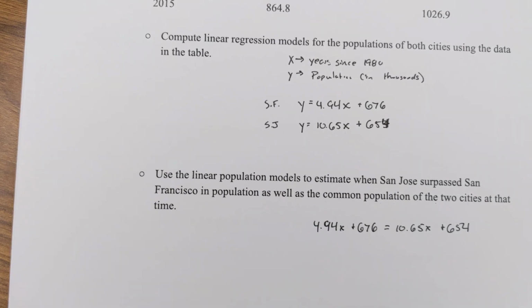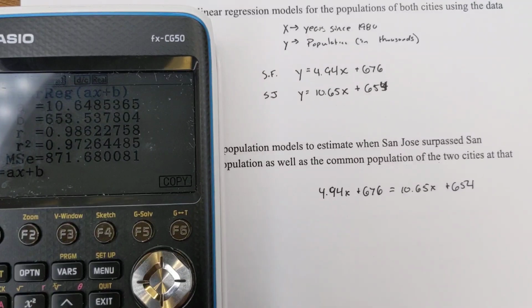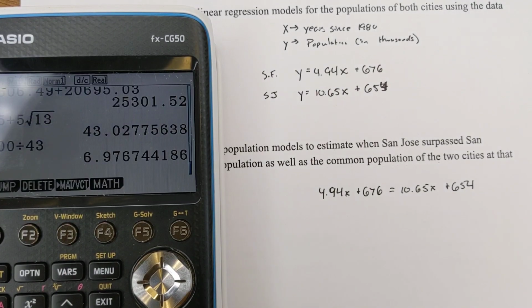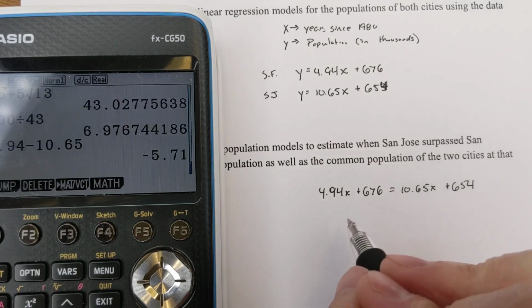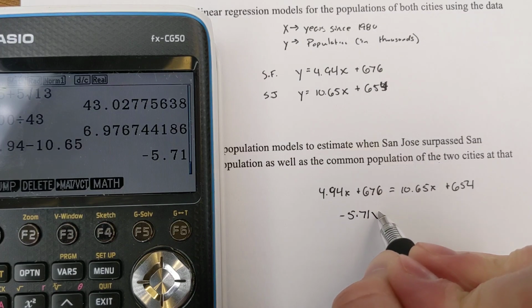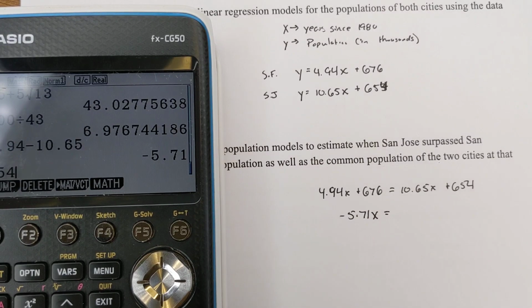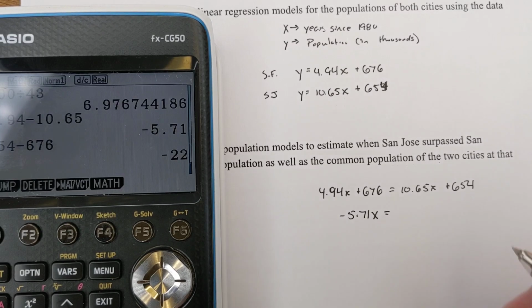So bring all your x's to one side. 4.94 minus 10.65, so this is negative 5.71x is equal to 654 minus 676, negative 22.